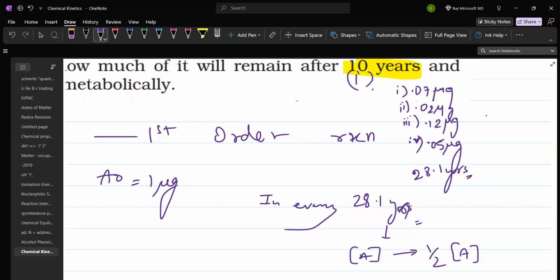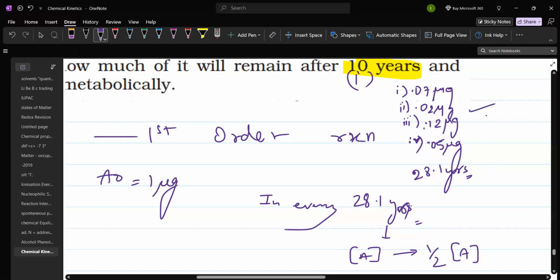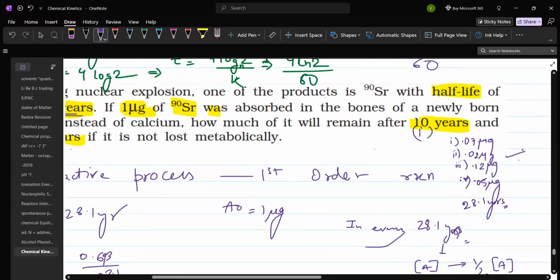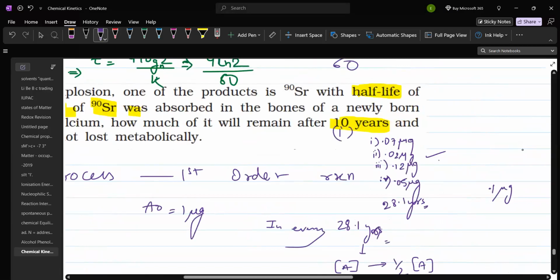Zaina, yes, 2 is the correct option, 0.02. See, Zaina, what you have done: the reactant concentration taken earlier was 0.1 microgram, but the question says 1 microgram.